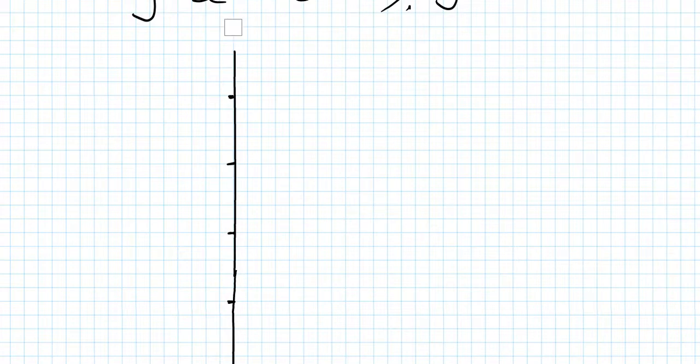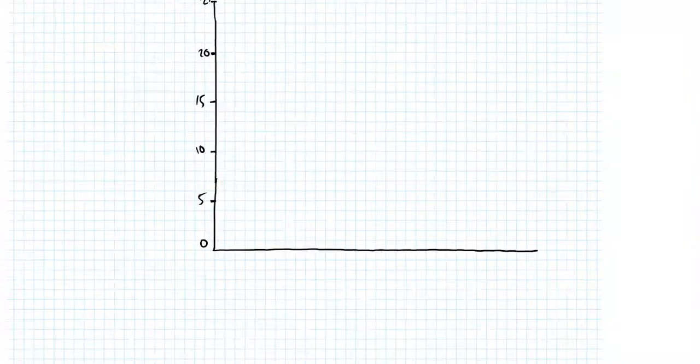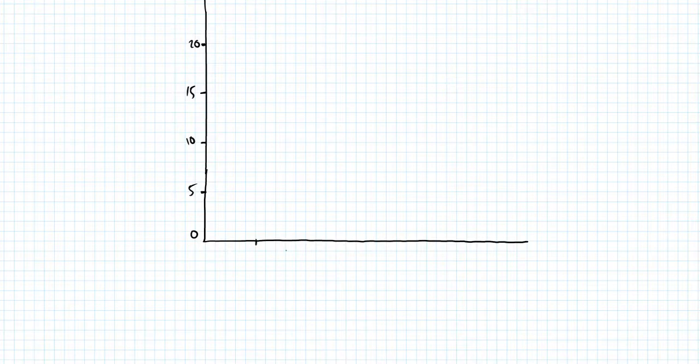There's 25 there. 20, 15, 10, 5, 0. And let's mark the same on that x-axis. 5, 10, 15, 20, 25. Okay, so we've got our x and our y-axis.